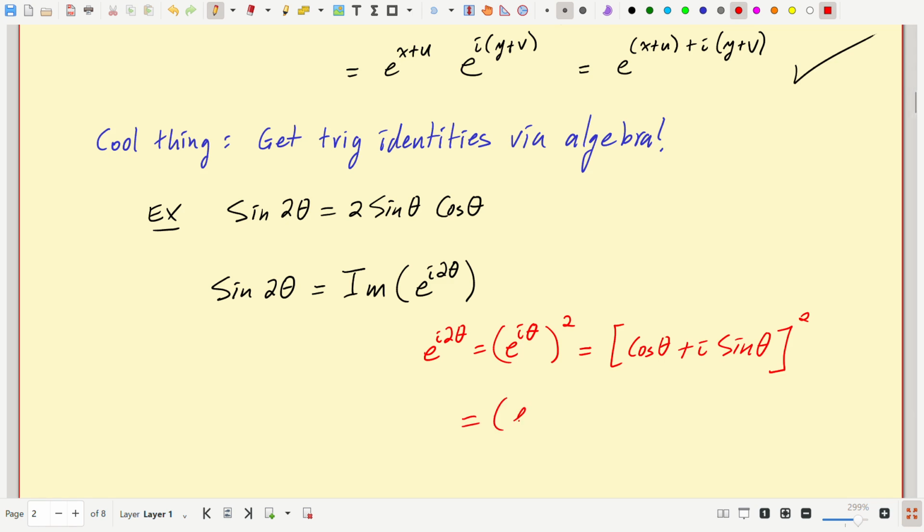The real part is who cares, and the imaginary part would be cosine theta times sine theta plus sine theta times cosine theta.